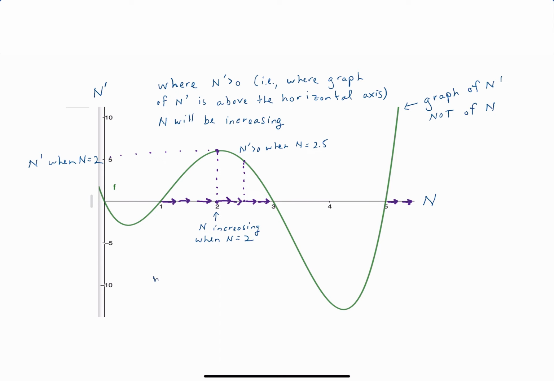On the other hand, where N prime is negative, in other words, where the graph of N prime is below the horizontal axis, N itself will be decreasing.